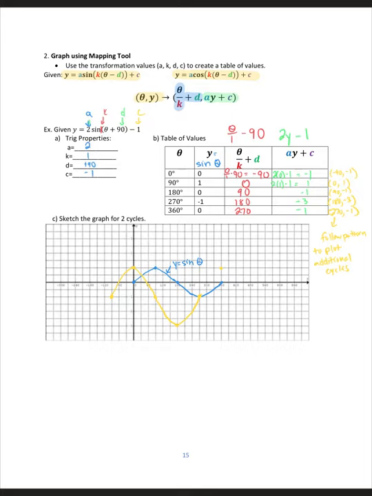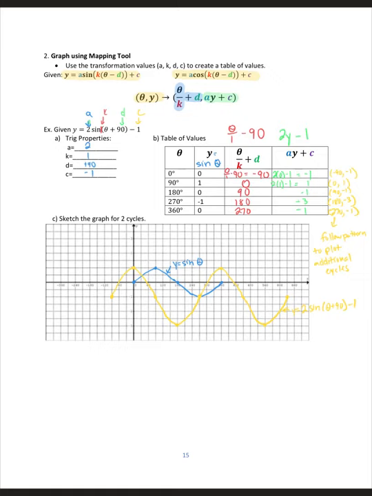Then another 90 to the right would be 540, down to my minimum. And finally another 90 to the right would put me at 630, and back to my axis. So I just follow that pattern that was created in the one cycle in order to plot additional cycles. So here we have y equals 2 sine theta plus 90 minus 1.